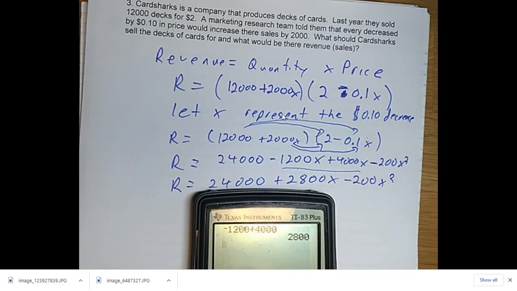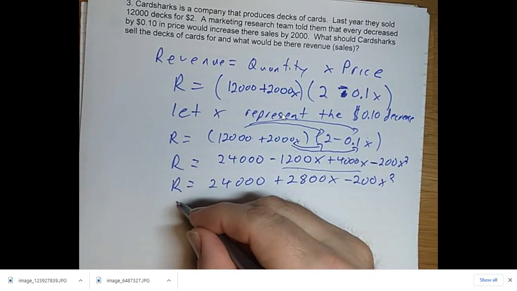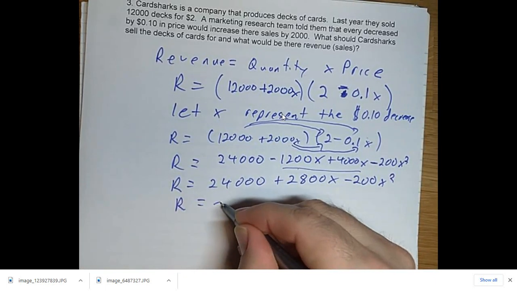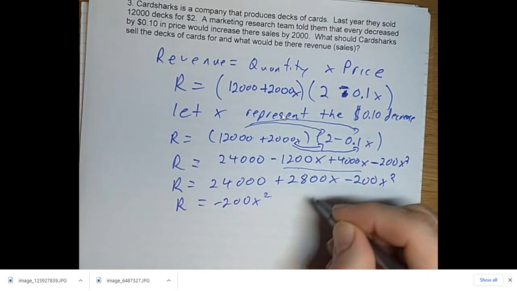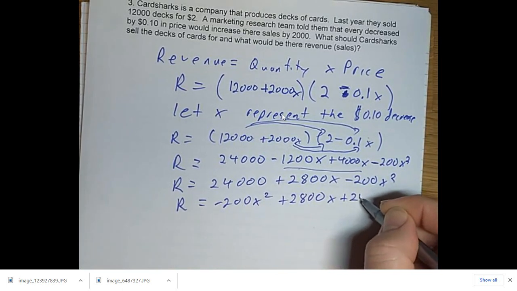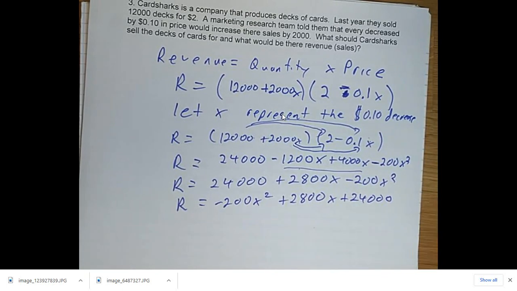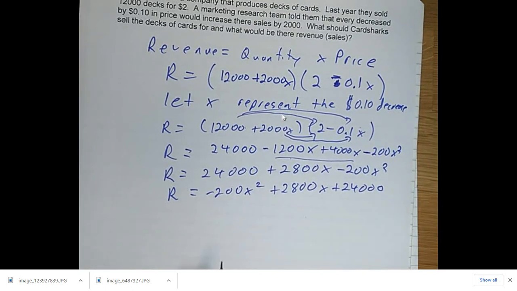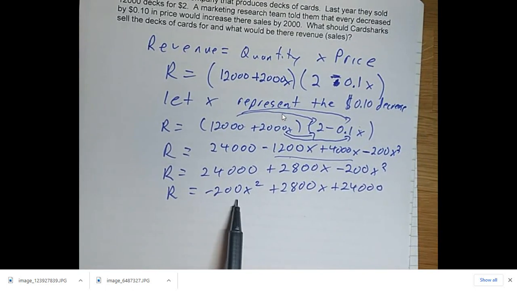So we've got it. Now we're going to put it in the right order: minus 200x squared plus 2,800x plus 24,000.